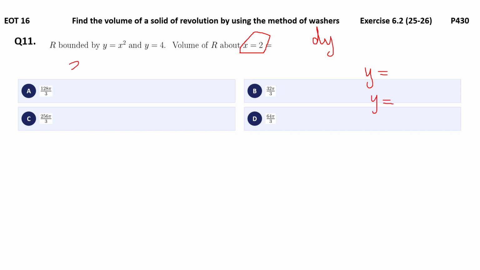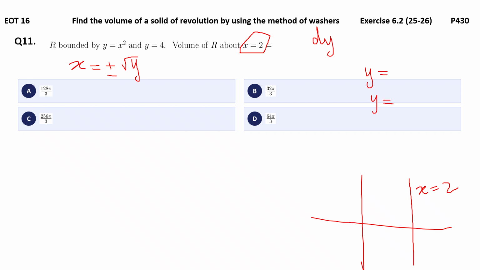So let's first convert that. x is equal to, here it's very important to have plus or minus root y, because we are handling x equal to 2, that is parallel to the y-axis. So if the rotation is happening in terms of y, we should know the positive side or the negative side. Now to identify the y value, it will be 0 until 4.